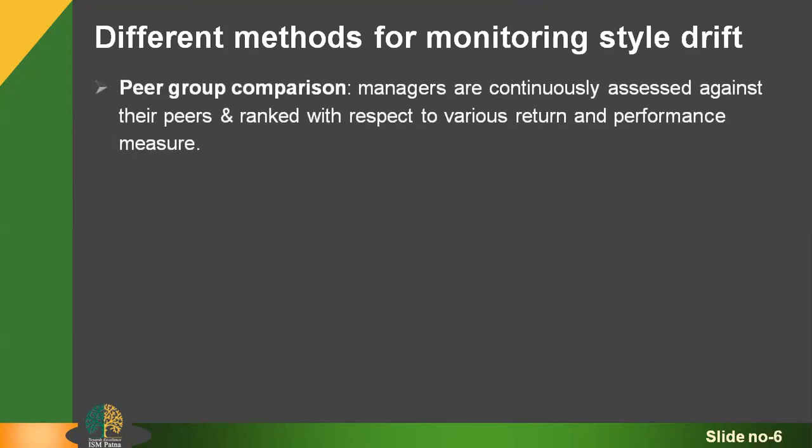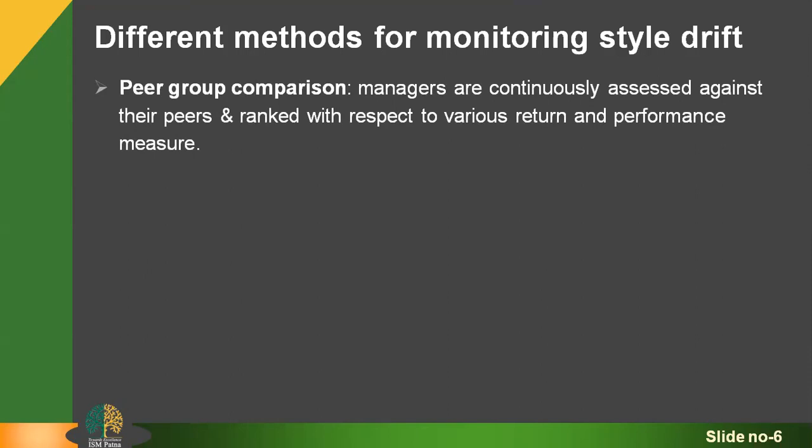Our fourth technique that can be used to detect or monitor this is peer group comparison. Managers are continuously assessed against their peers, ranked with respect to various return and performance measures. Peers means funds of the same kind available in the market, and the different managers are ranked according to their return and performance measures.